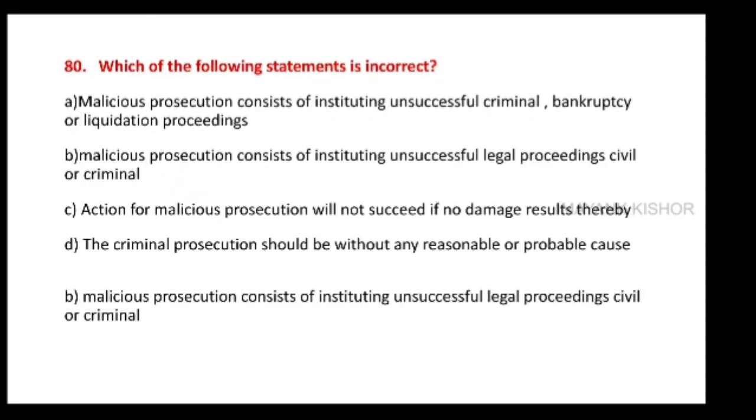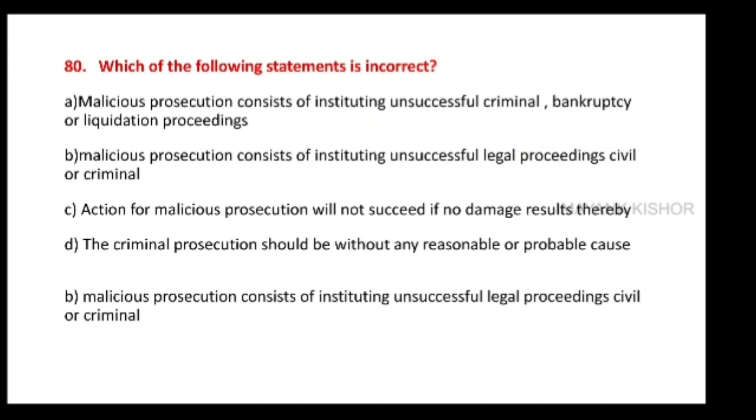Next question, question number 80. Which of the following statement is incorrect? Option A, malicious prosecution consists of instituting unsuccessful criminal bankruptcy or liquidation proceedings. Option B, malicious prosecution consists of instituting unsuccessful legal proceedings, civil or criminal.